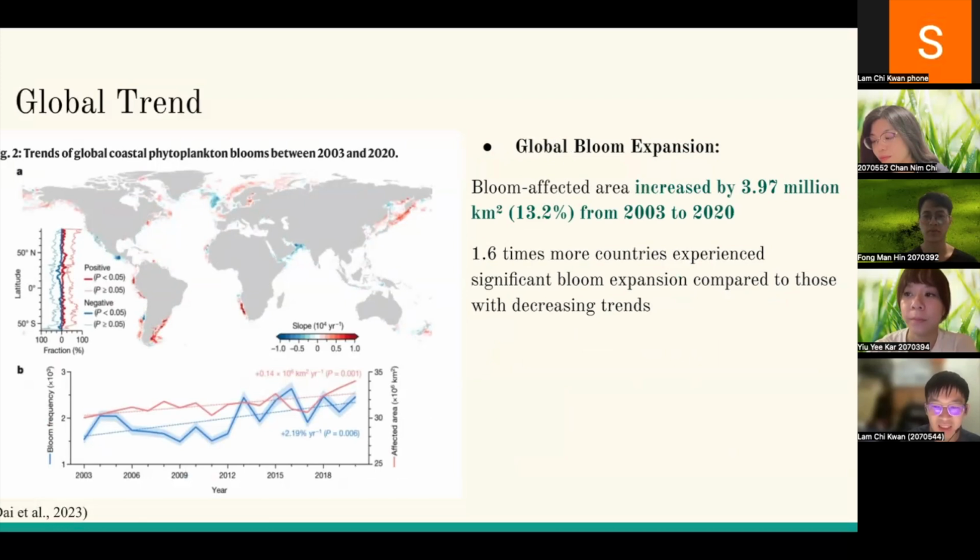As you can see, there is an increase of 3.67 million km² from 2003 to 2020 in the bloom-affected area. Also, 1.6 times more countries experienced significant bloom expansions compared to others.